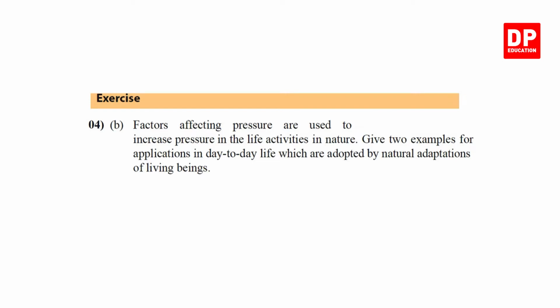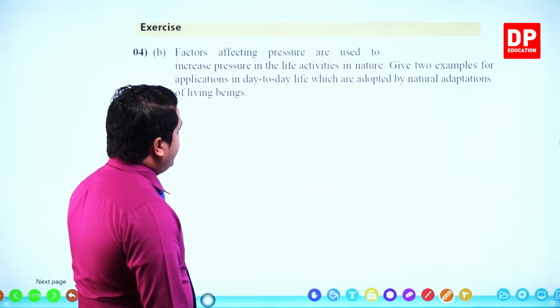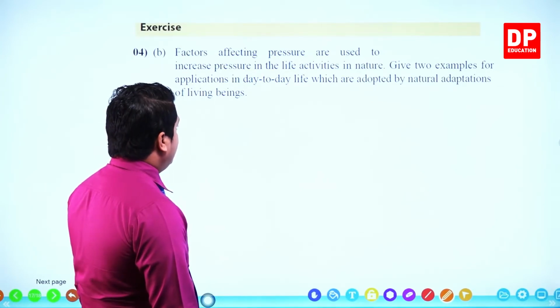Factors affecting the pressure are used to increase pressure in life activities in nature. Give two examples for applications in day-to-day life which are adapted by natural adaptations of living beings.